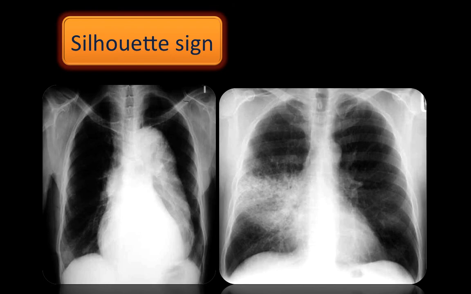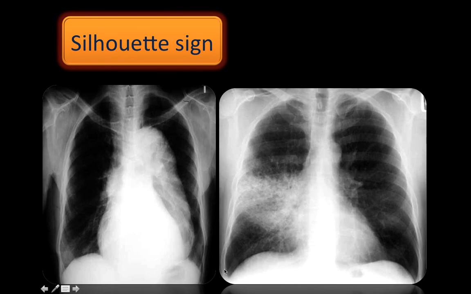Anyway, the sign is: if you see a lesion around the heart border, but the heart border is quite visible, then the sign is negative. But here you see the lesion has attachment, is close to the right heart border, but you cannot define the right heart border quite clearly.